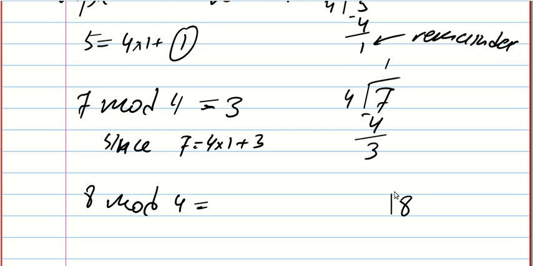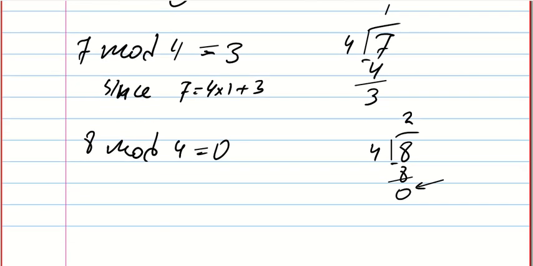If you take 8 and divide by 4, you get 2. If you subtract 2 times 4, which is 8, you get a remainder of 0. So this is 0. If 8 is evenly divisible by 4, your remainder is 0. So you can write it as 8 equals 4 times 2 plus 0.